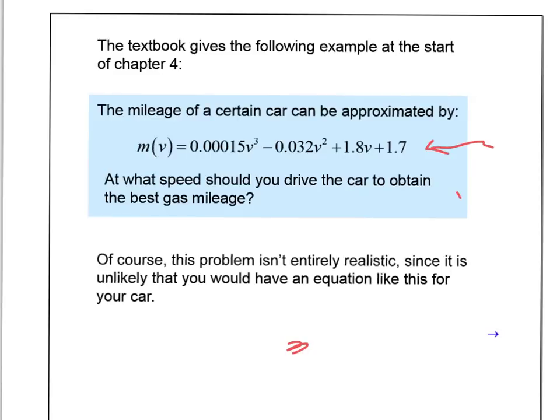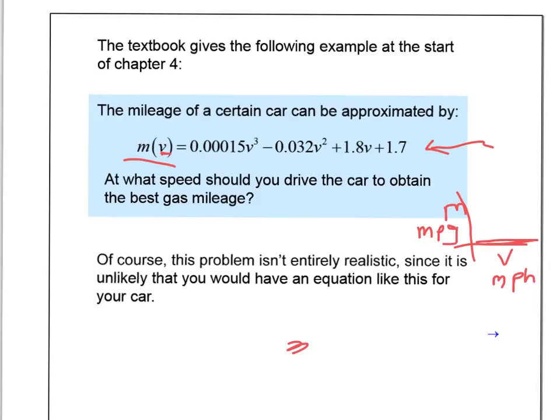This would be where your y-axis is m, and your x-axis is no longer time, it's v, and v is velocity or speed of the car. So velocity is usually miles per hour, and mileage of a car would be like mpg or miles per gallon.